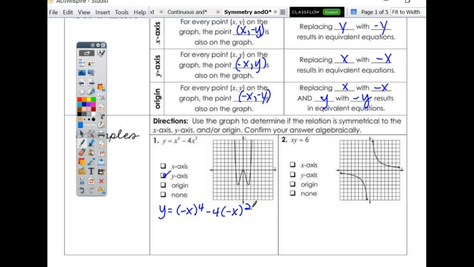Why would it be the 2nd power? It's to the 4th power. And then minus x squared would become positive x squared, right? Negative times a negative is a positive. So, does this match this? If it matches, then it is symmetric around the y-axis.